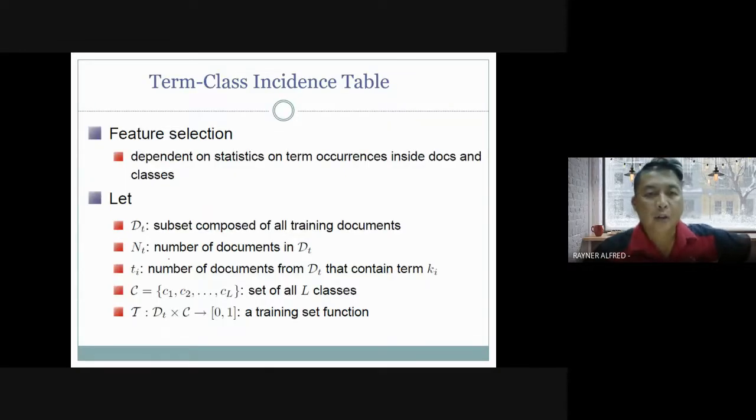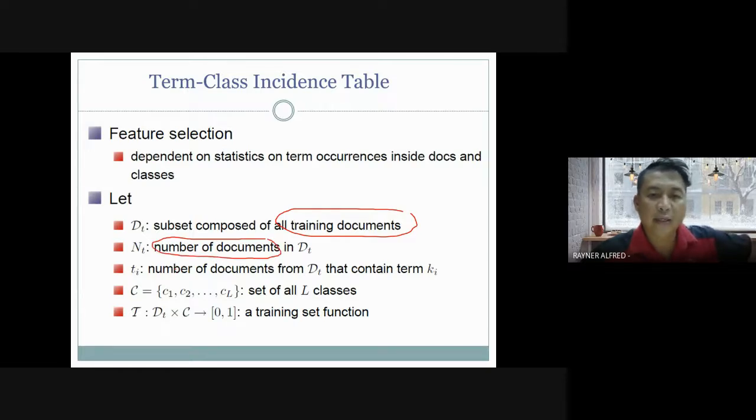Okay. So for feature selection, we use this in order to improve the classification or the clustering result that we have. Let's define the feature selection itself. But first we need to define a few terms. The first one is the training document, and we also have the number of documents.